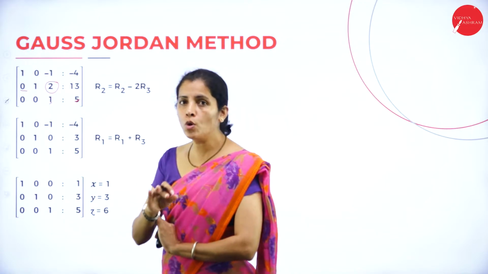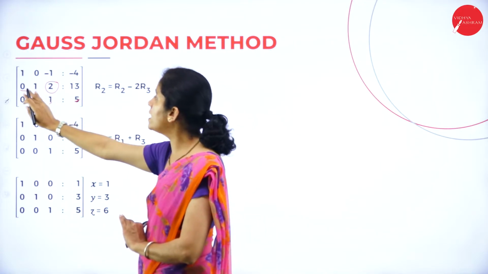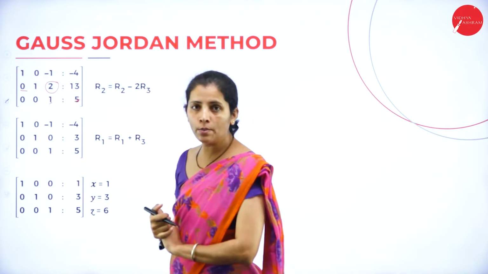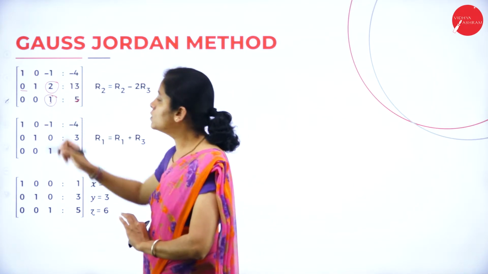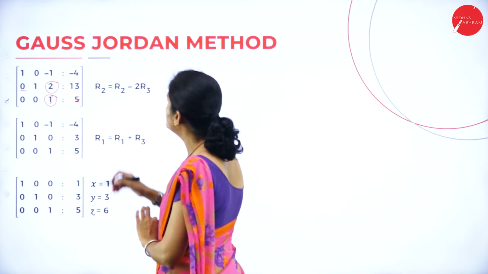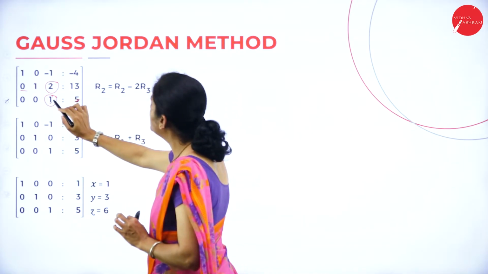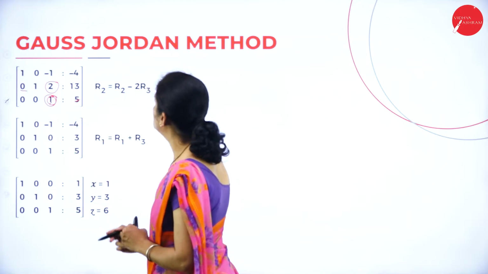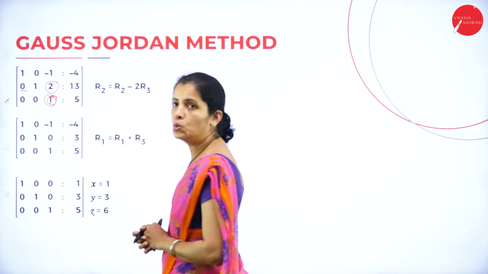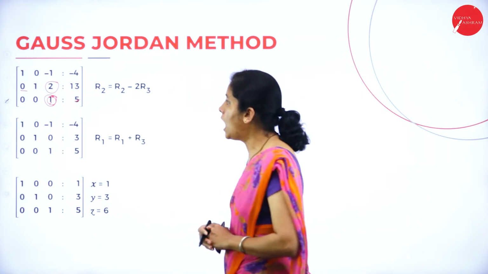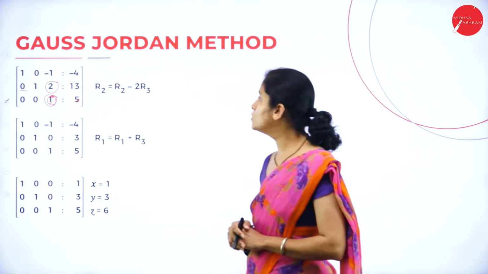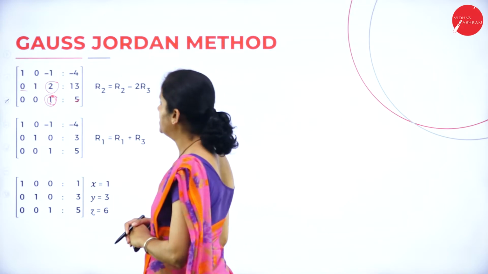But I don't want to change the value 0. So I'm going to consider the third row. Now when I multiply this by 2, I'll get 2. 2 minus 2, which is 0. So what is the formula? R2 equal to R2 minus 2 R3.